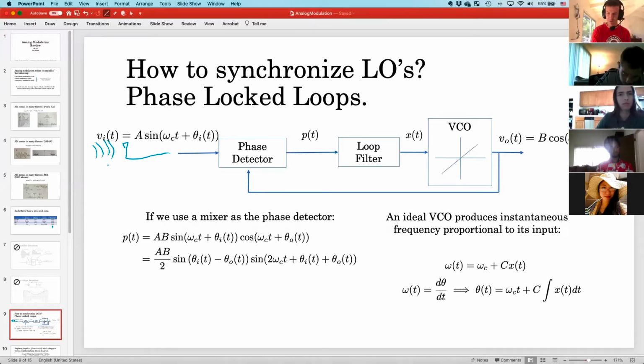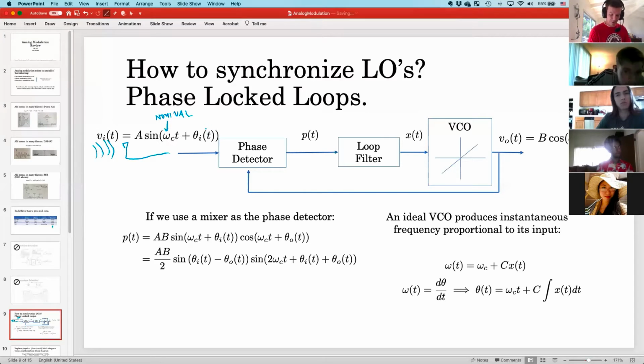This is an atypical way of writing the argument to a sine. What I'm saying here is that there is some kind of nominal frequency. But I'm going to allow that the phase can vary as a function of time.